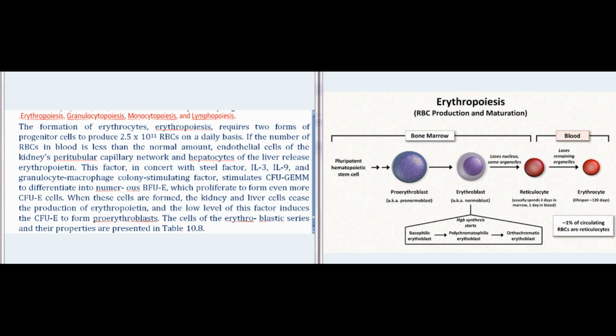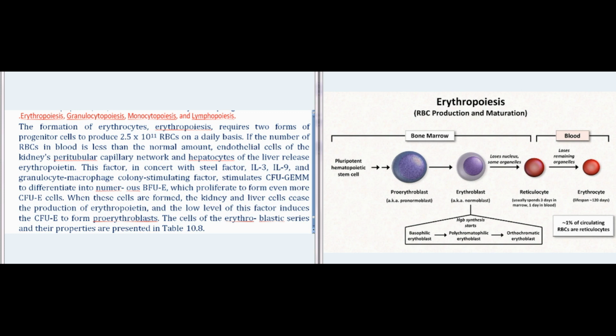Erythropoiesis, granulocytopoiesis, monocytopoiesis, and lymphopoiesis. The formation of erythrocytes, erythropoiesis, requires two forms of progenitor cells to produce 2.5 x 10^11 RBCs on a daily basis. If the number of RBCs in blood is less than the normal amount, endothelial cells of the kidneys' peritubular capillary network and hepatocytes of the liver release erythropoietin.